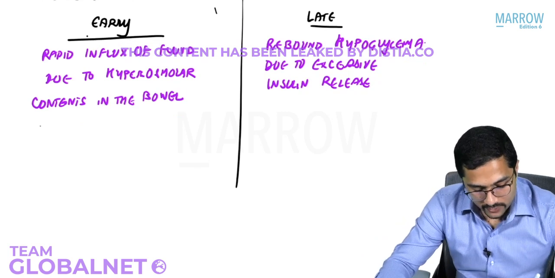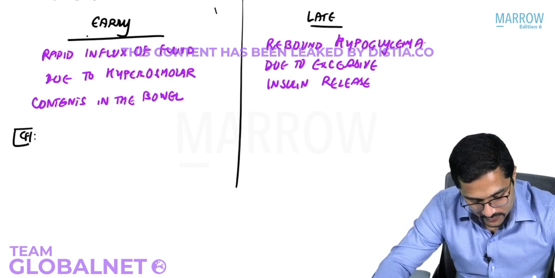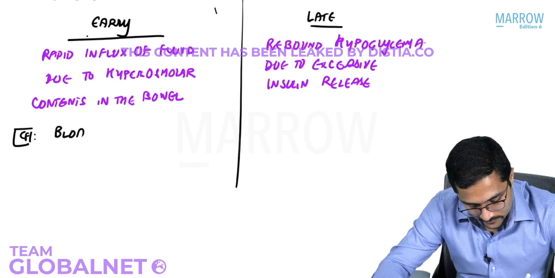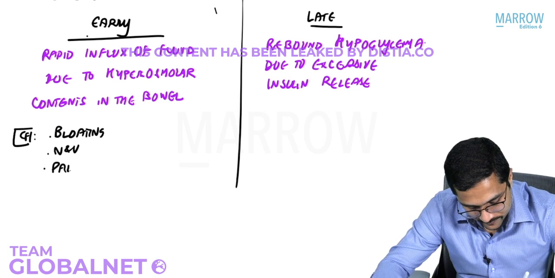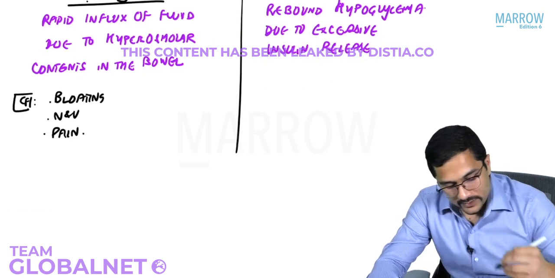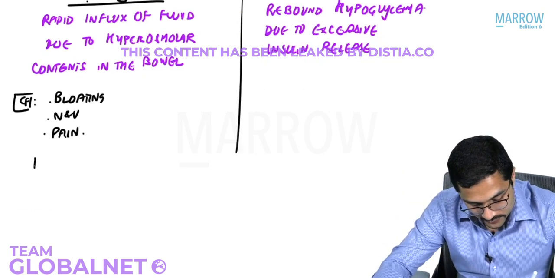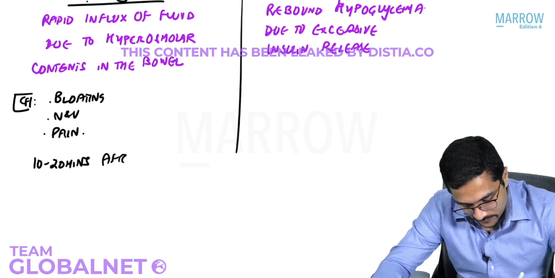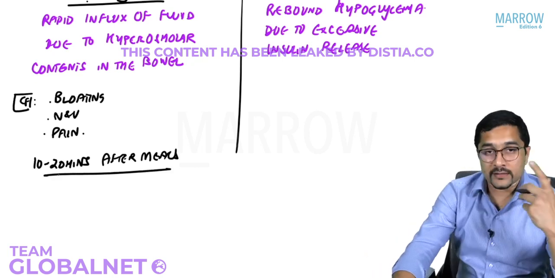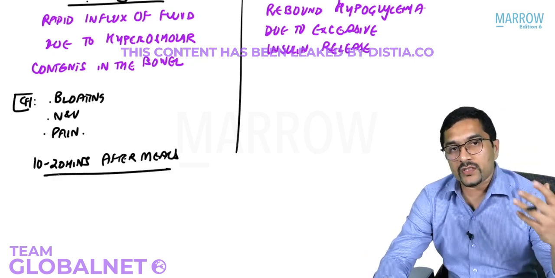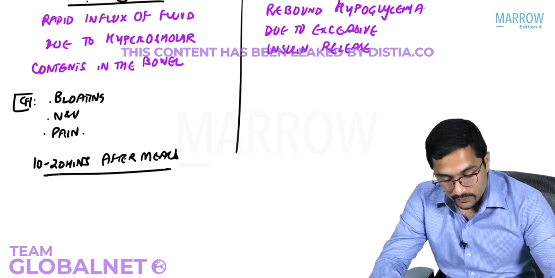Now, early dumping, what are the clinical features? The clinical features would be bloating, nausea and vomiting, pain. And when will these symptoms start? These symptoms are going to start 10 to 20 minutes after meals. As soon as the patient consumes a meal, within 10 to 20 minutes of that, the patient will start having symptoms.